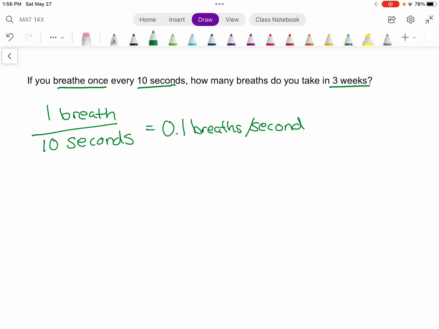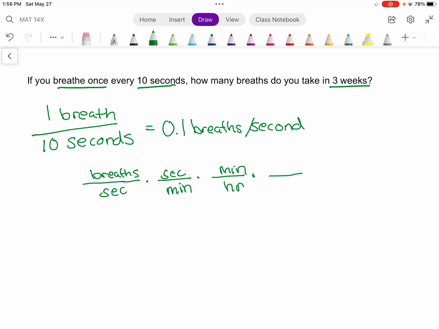And so the key here is going to be to turn my seconds into weeks. You can use dimensional analysis thinking to help you here. So you can say, okay, well, seconds to minutes would get us breaths per minute. And then minutes to hours would get us breaths per hour.